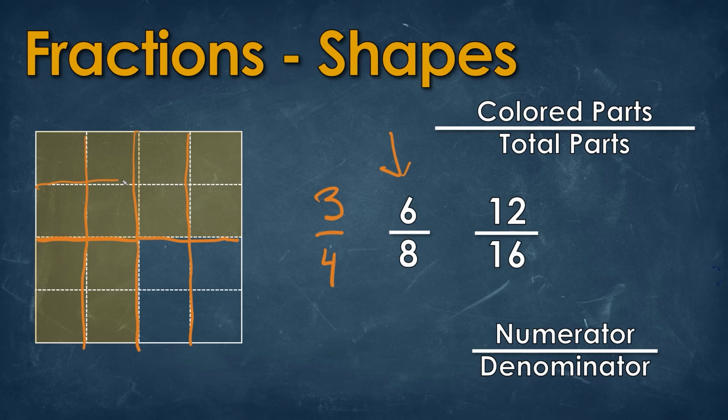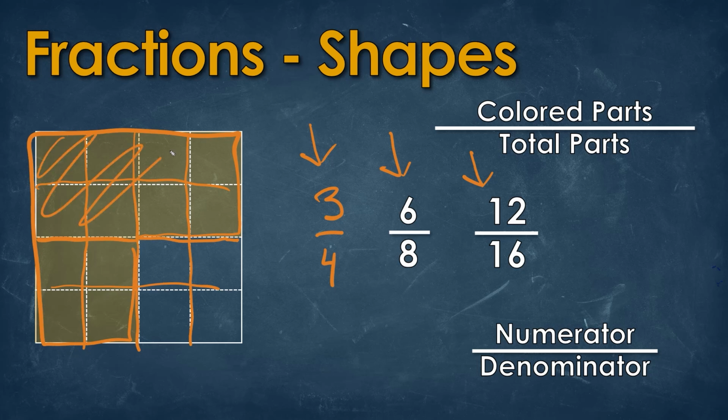And when we added another set, we actually got 12 out of 16. Each one of these still represents the same thing. It represents this area that is shaded. So depending on the amount of lines that we have and the amount that we add, we would still have the same fraction but with different numbers inside of it because it still represents the amount seen here shaded.